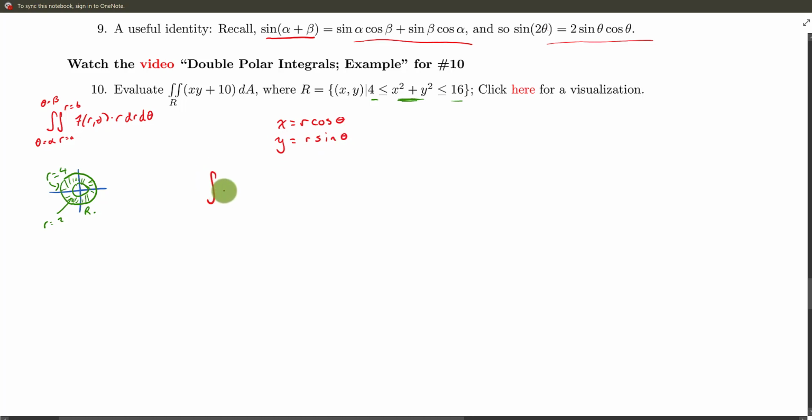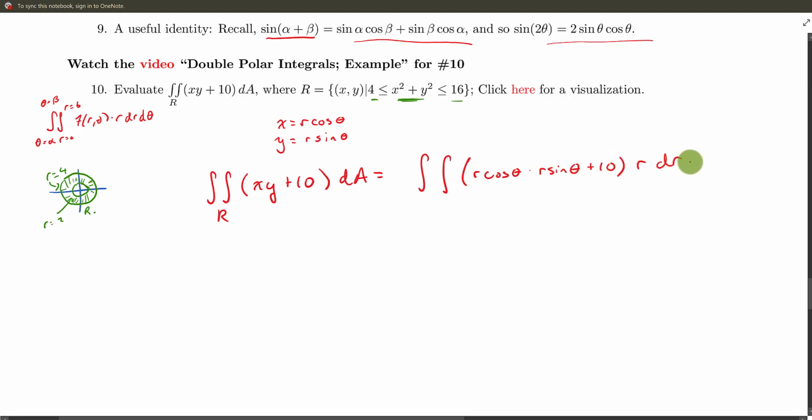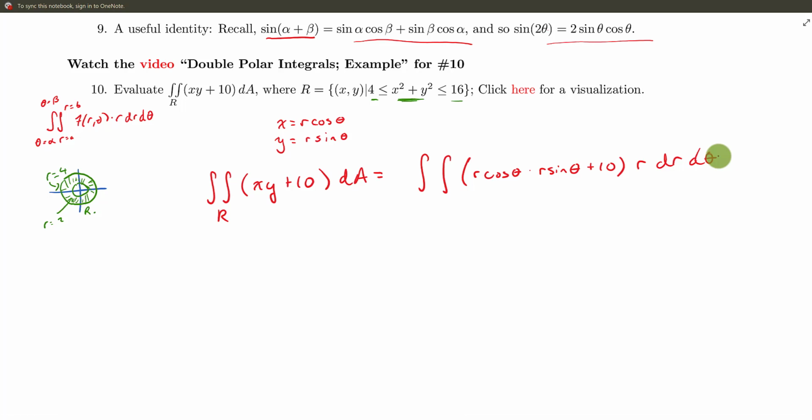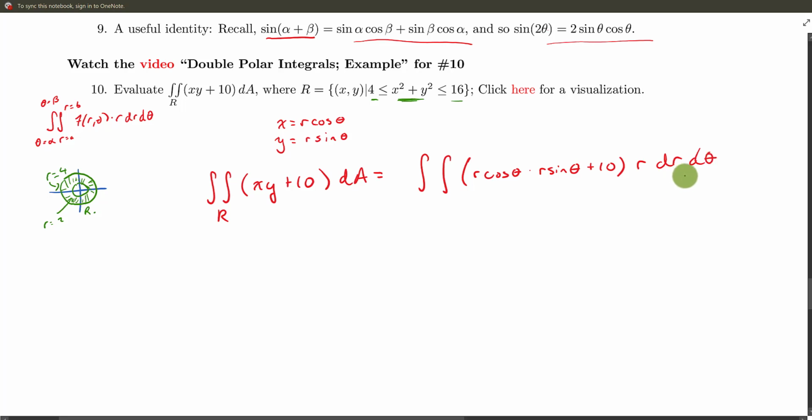And so then we could say that the double integral over R of xy plus 10 dA we can convert into polar coordinates as the integral from, we'll address that in just a second, of r cosine theta times r sine theta plus 10 times r dr d theta. It's customary, although not absolutely necessary, given all other things, to integrate first with respect to r and then with respect to theta, although you could adjust this if the situation warranted it.